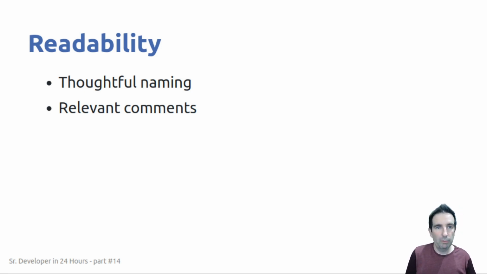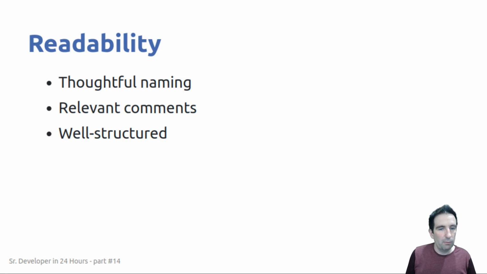So we want to focus on things like why we do something a certain way rather than how we are doing it, because the best description of how we're doing things is the code itself. So we don't want to replicate those things in the comments. Those comments tend to not be very useful. So we want to have relevant comments that are going to augment our understanding of the code.